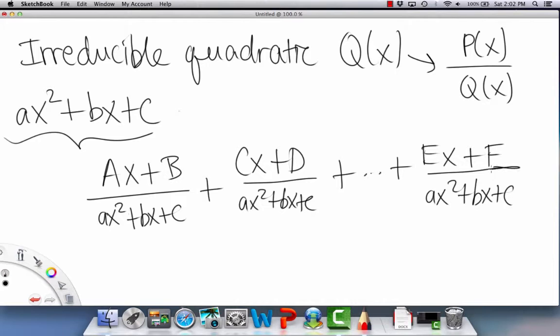Again, this might look confusing, and I completely understand, but I'll write it in simpler terms on the next slide.